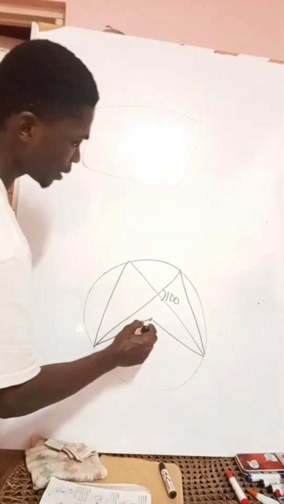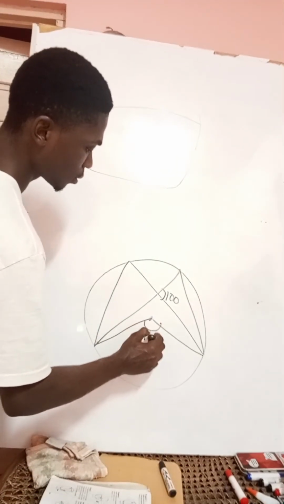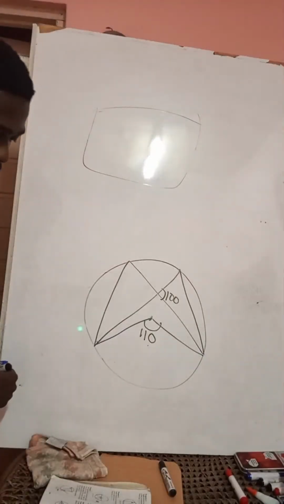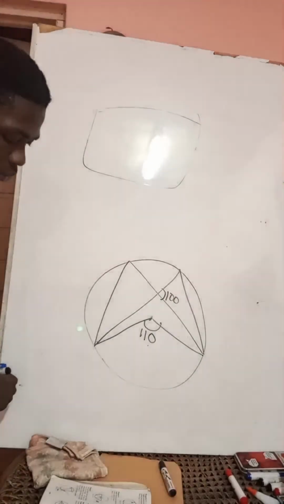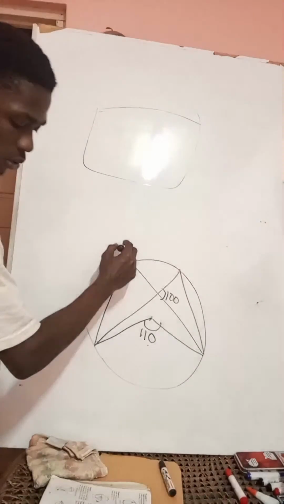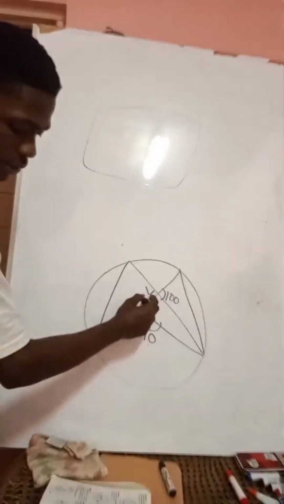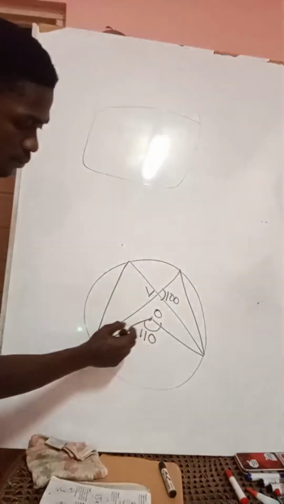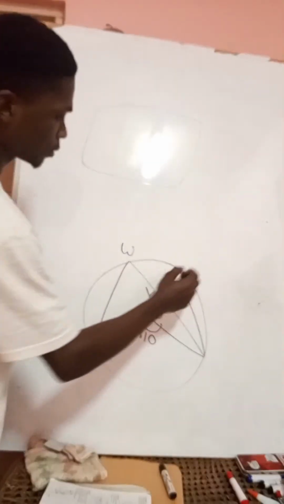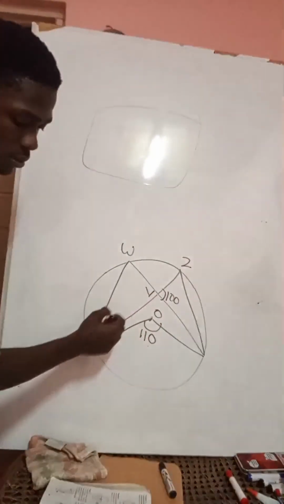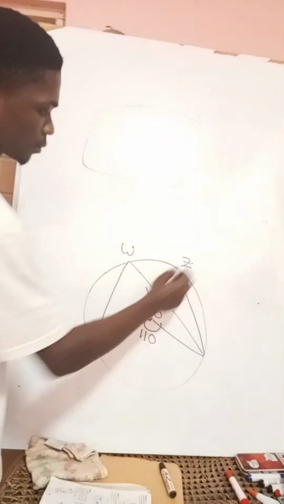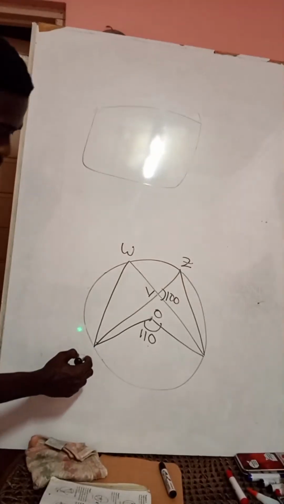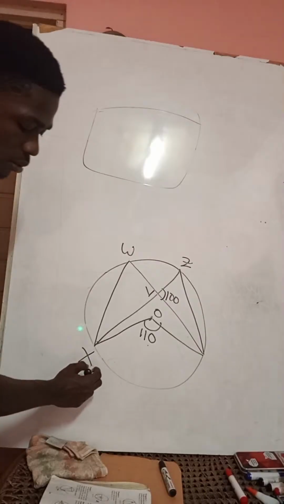This side is 110. Are you drawing the question? Here is V. Here is U. W. Z. This is Z. X. Y.